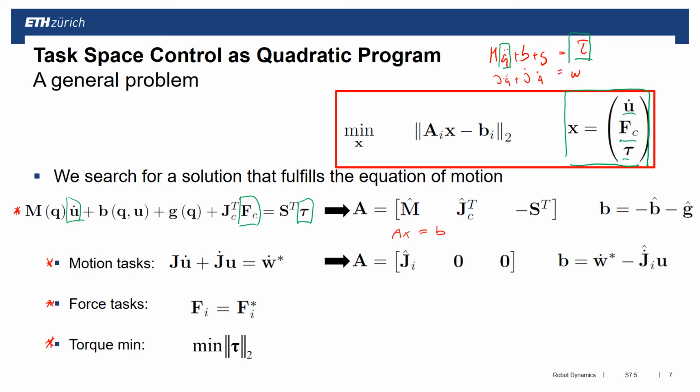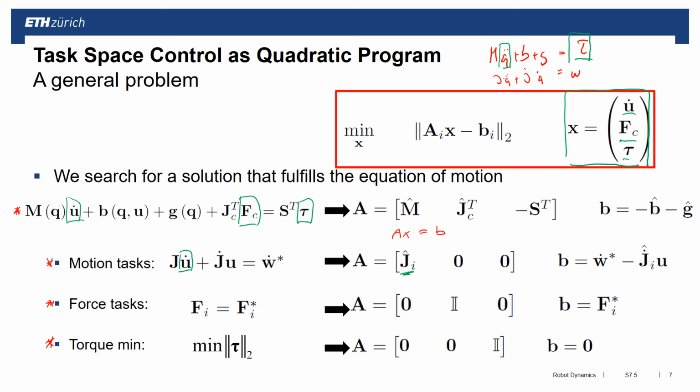Then we can do the same thing for motion tasks, whereby here we have only dependency on the acceleration, so we have only the first element in our A matrix filled. Then we can also write force optimization tasks, and we can minimize, for example, joint torques.